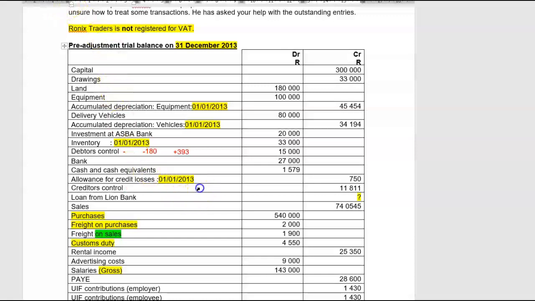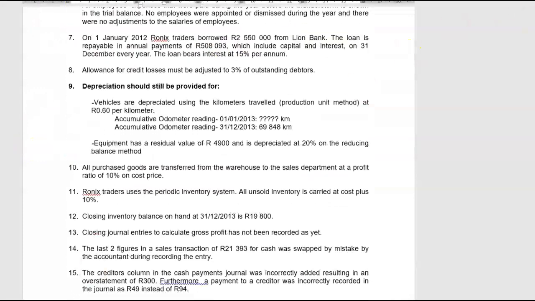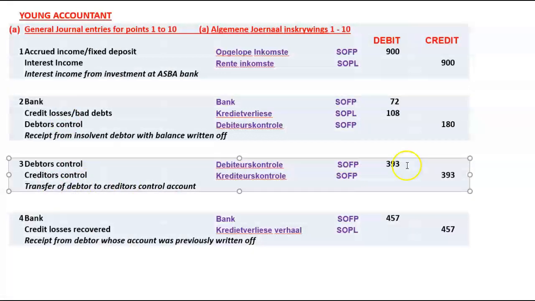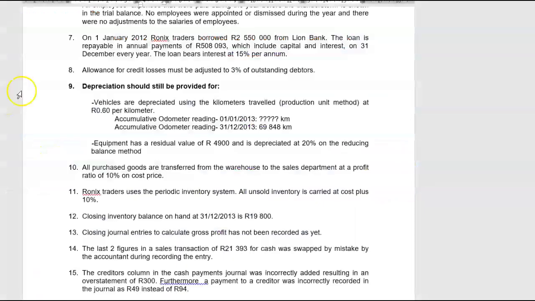Again, it doesn't want to show that because this has been a lazy way that they've done this table. There you are, plus 393 Rand. So if we go to our journal entry, our physical journal entry, debit debtors control, statement of financial position, 393. Credit creditors control, statement of financial position, 393.